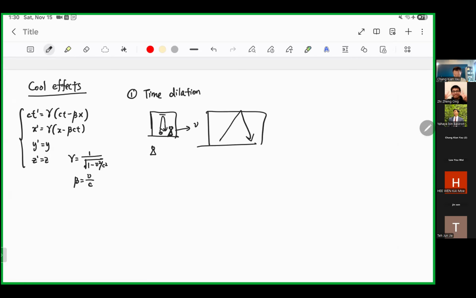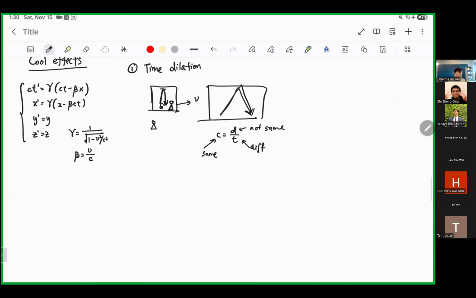Because the speed of light is constant, the distance here and the distance here are not the same, and because c is distance over time, for the light traveling, distance is not the same but c is the same, so you get a different time. That's one way to derive it, but I'm just going to check this by using our Lorentz transformation here.